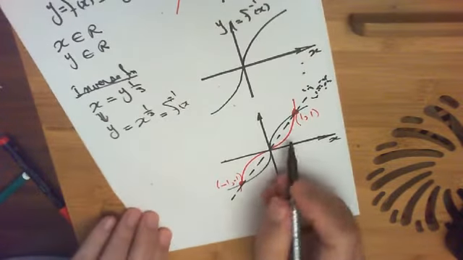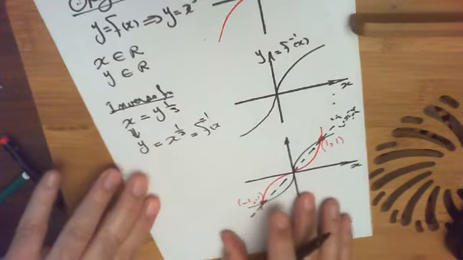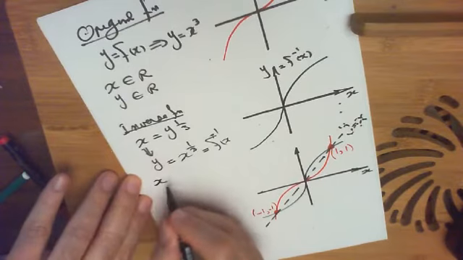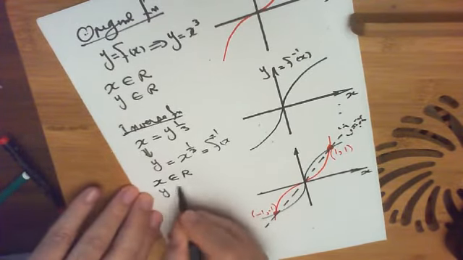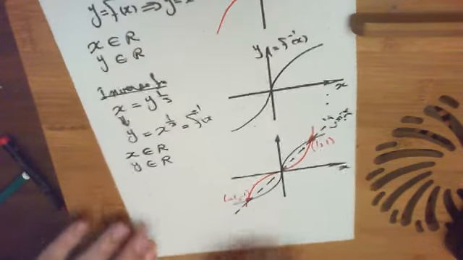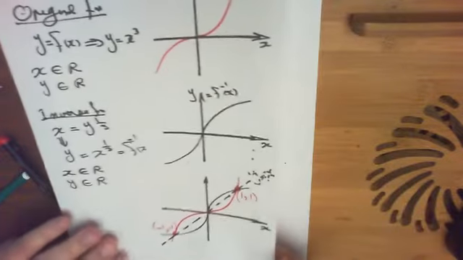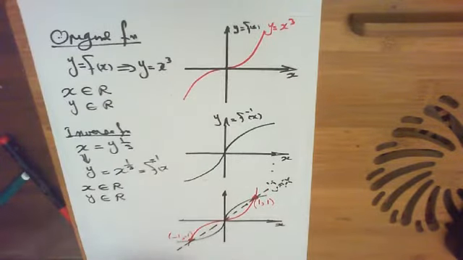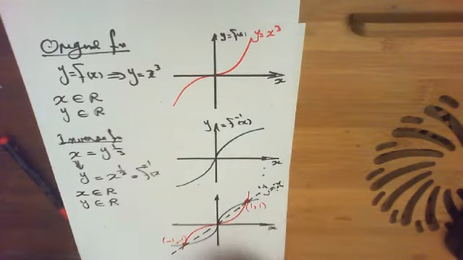Okay, now what about the domain and range of the inverse function? As you see, x still belongs to R and y also belongs to R. Let us investigate another example, but you have to see that every value of x, either in the function or its inverse, has only one image in y.